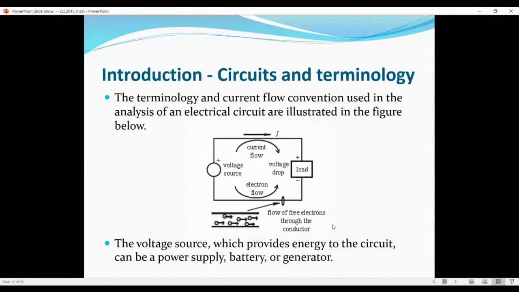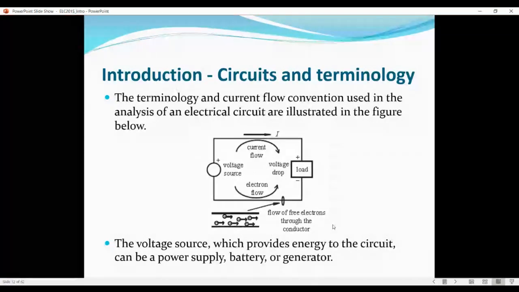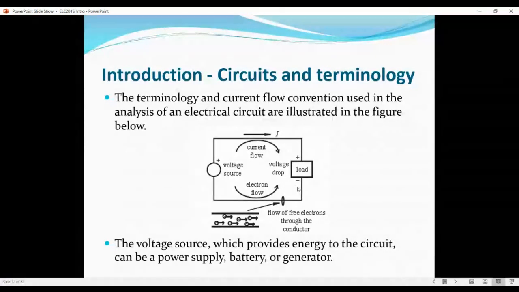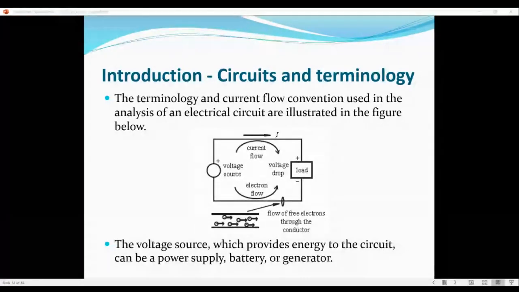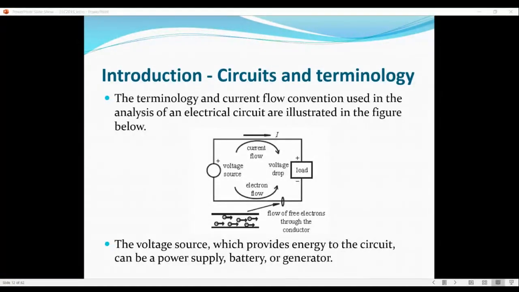Very important, very important. Who is aware of how current flows? Who is aware of conventional current flow and electron flow? Does current flow from positive to negative or negative to positive? Can we have a discussion around this? What do you guys remember? How does current flow?